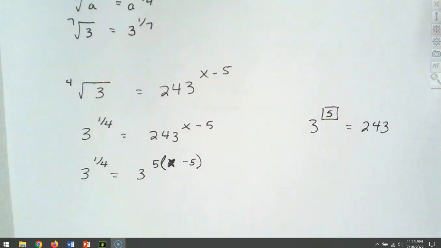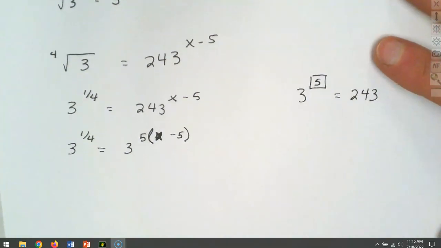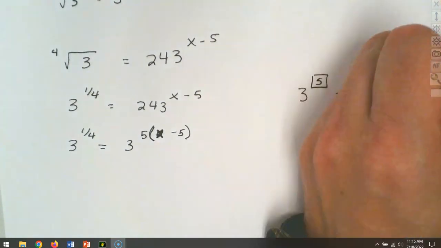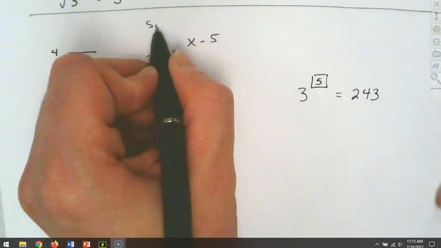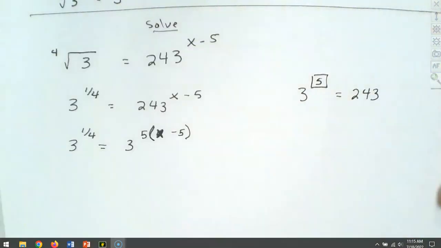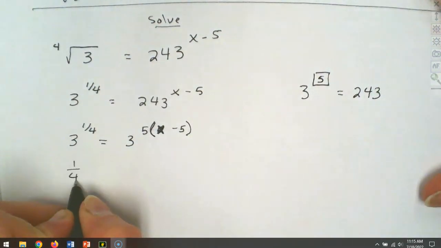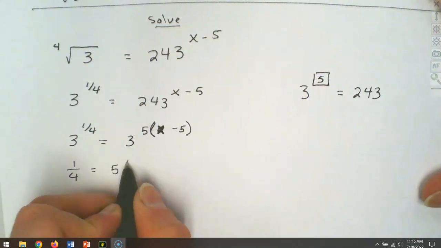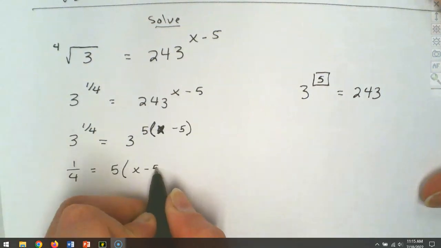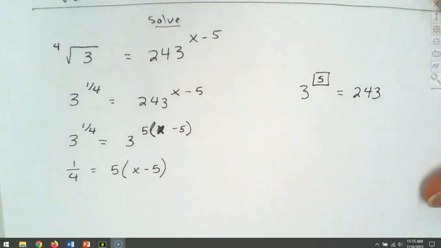Now we can easily solve this because the bases are the same. So now the exponents have to be the same. So now we've got 1/4 equals 5 times x minus 5.